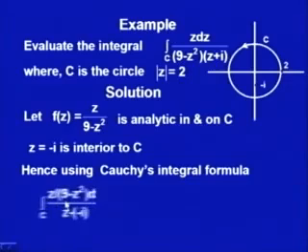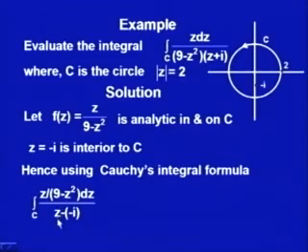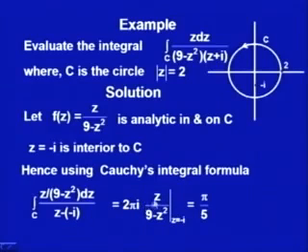Using this Cauchy integral formula, I am writing this integral. The function f(z) is z upon 9 minus z square, and here it is z minus of minus i. This should be 2 pi i f(z naught). f(z) is z upon 9 minus z square at z equal to minus i.